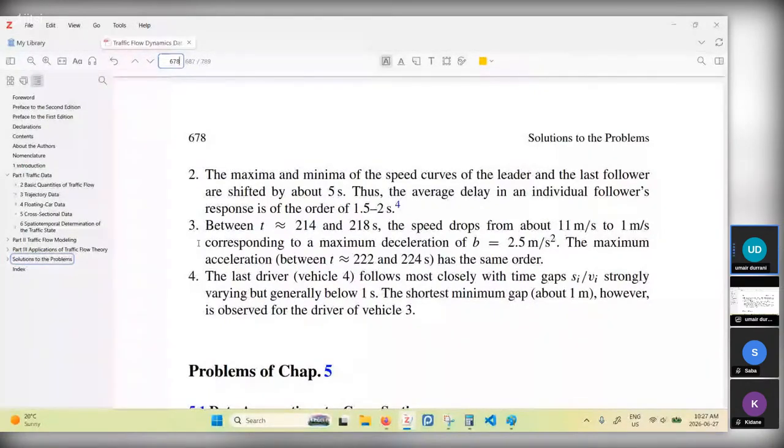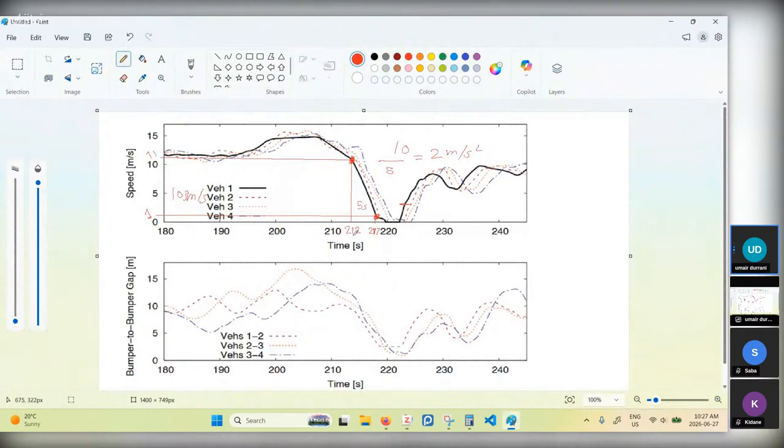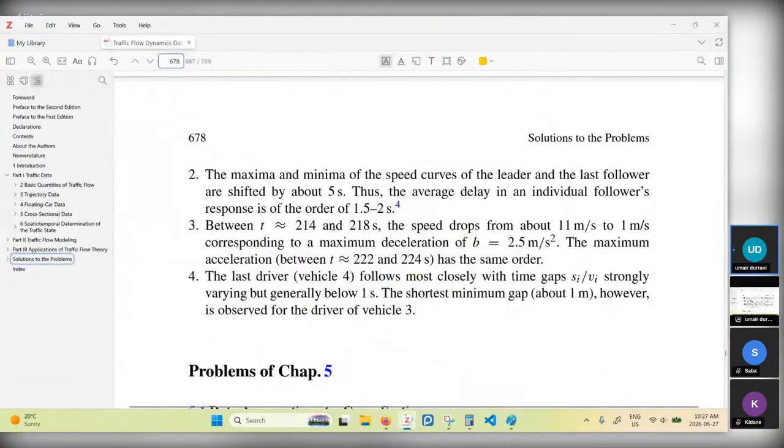Okay, so instead of 5 seconds, they found 4 seconds. In my estimation, it was 217 and 212, but in their estimation, it was 218 and 214. And so we get a deceleration of 2.5, and the maximum acceleration has the same order. So they have an estimate of 2.5 for both acceleration and deceleration.